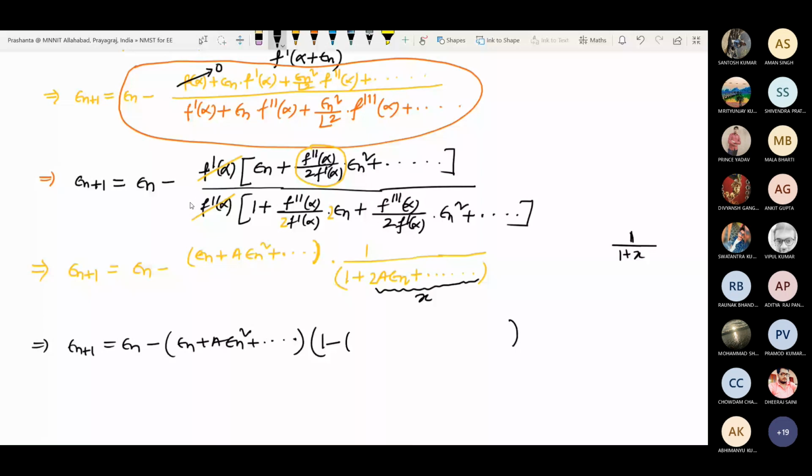So minus x will be 2A epsilon n plus a few more terms, plus x square. x square means 2A epsilon n plus the remaining terms, that squared, and so on.